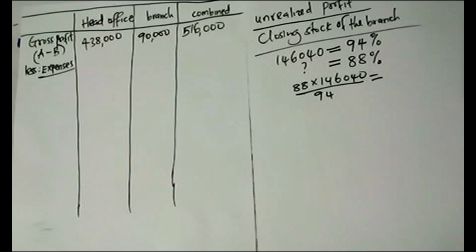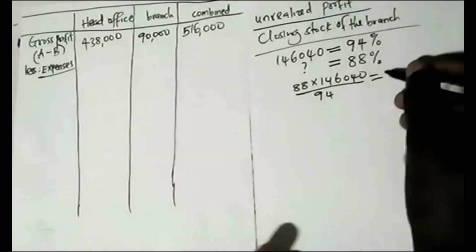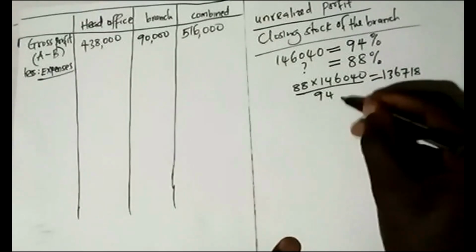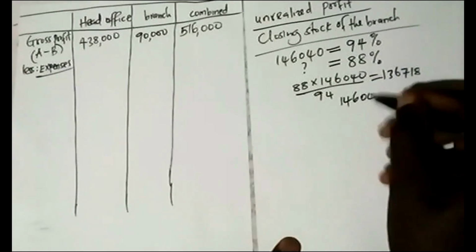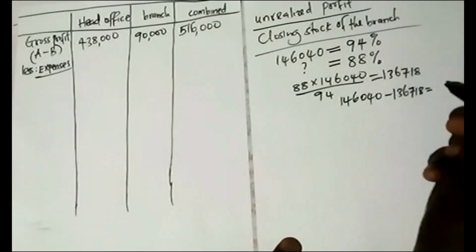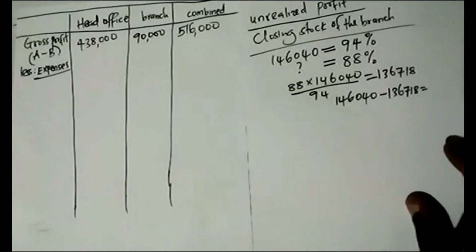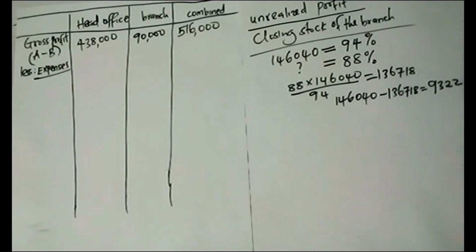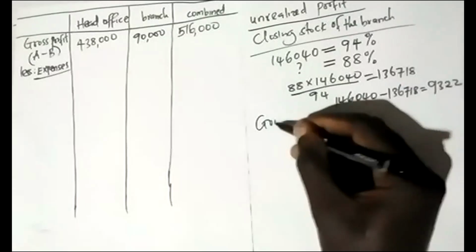So I'm getting 136,718. So I will take my 146,040 minus 136,718. So by the end of this, the unrealized profit was 9,322. So that one was on closing stock. Then there's another one on the goods on transit.